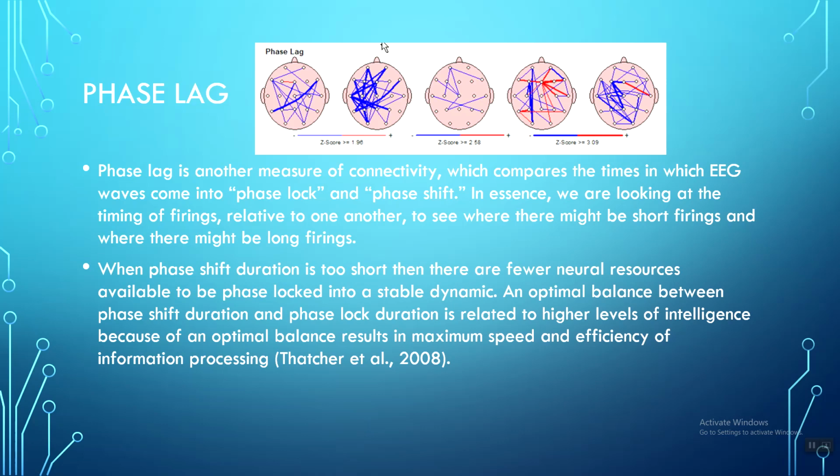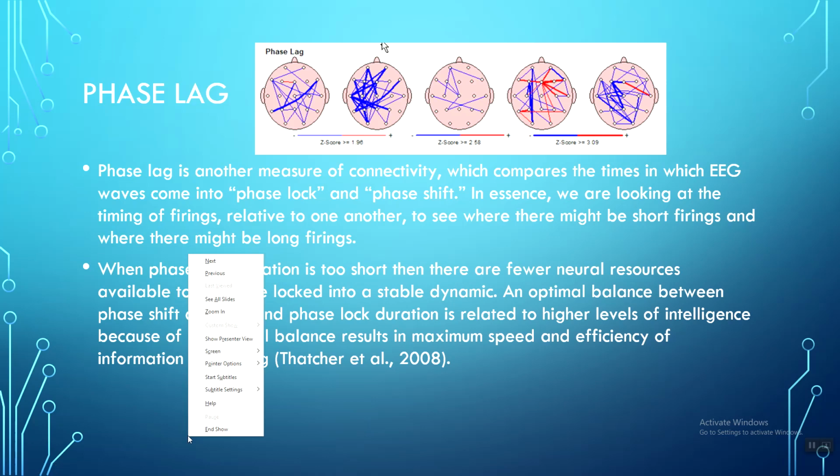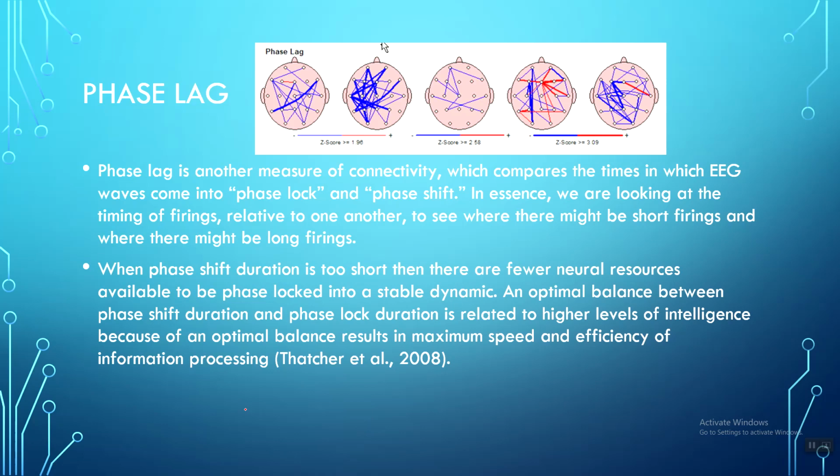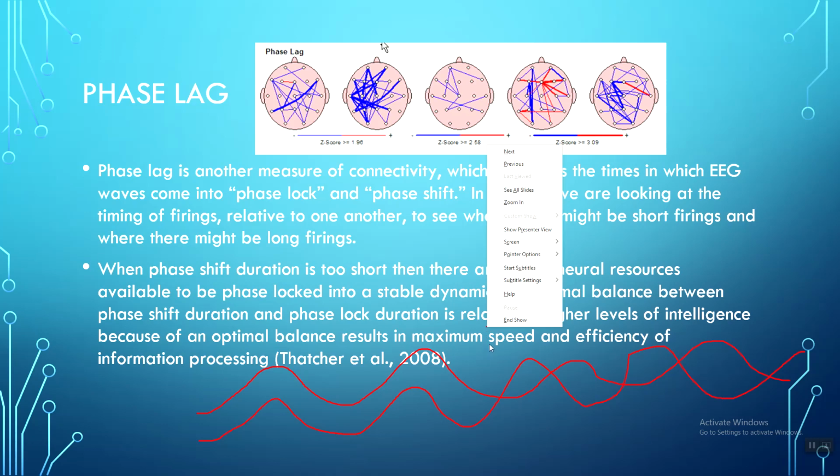All right. So now that you've read that, I'm going to give you an analogy to sort of throw it into. There's a whole dynamic called phase reset. So let's say that we have one EEG electrode, right? And then we have another EEG electrode.